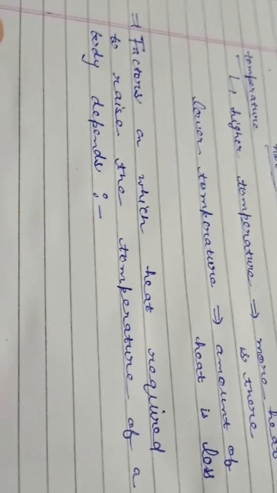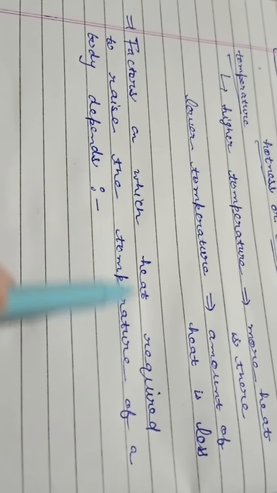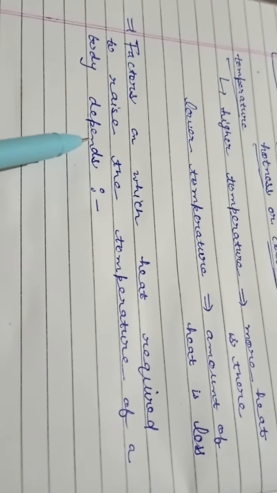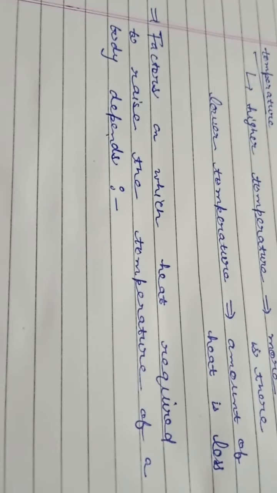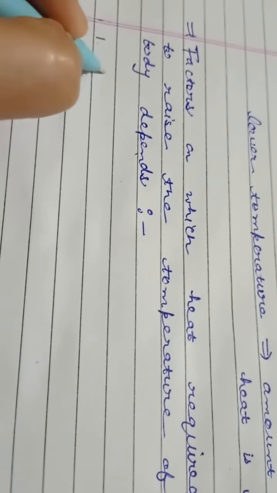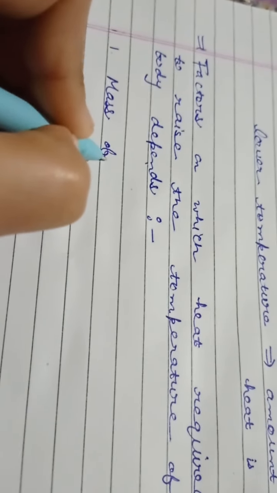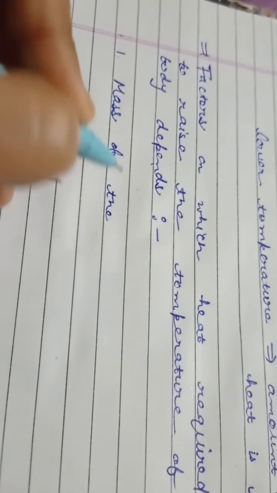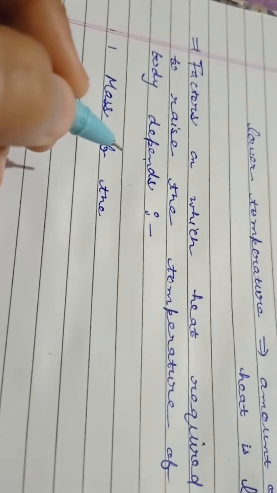And students, there are basically three factors on which the heat required to raise the temperature of a body depends. First factor is the mass of the body, because if you want to raise the temperature of 1 gram, then you will need less heat.